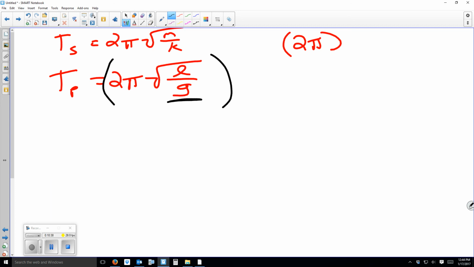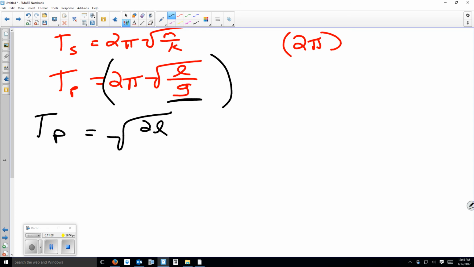Like 4 times the length. You could do 4 times the length. If I did 4 times the length, that would mean my period was 4 times. I'm sorry, it would be 2 times. What I'm trying to say is that if I double the length, the effect on the period is 1.414, the square root of 2, more than it was before.